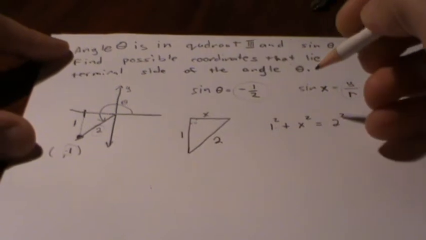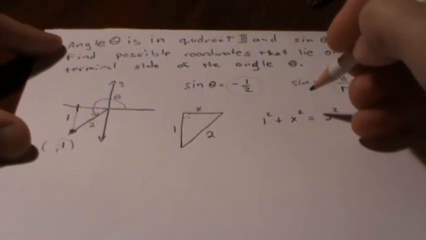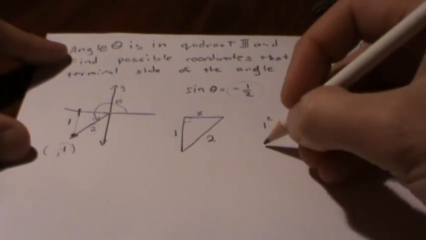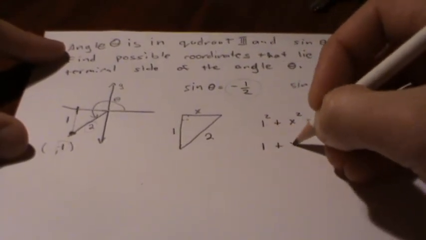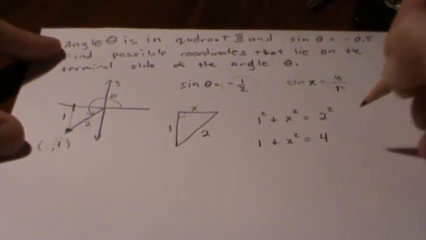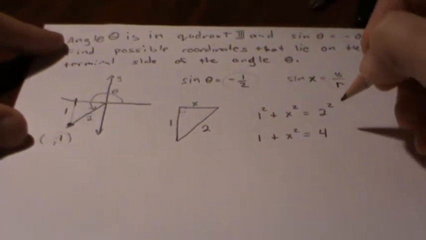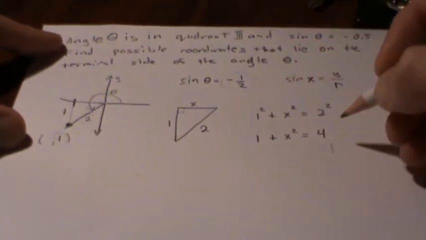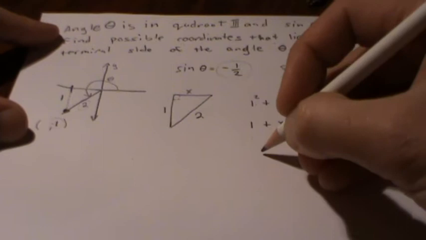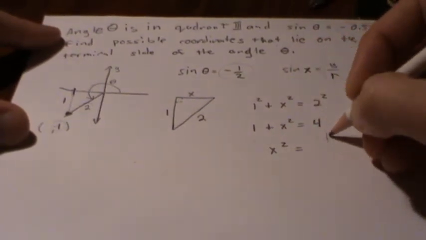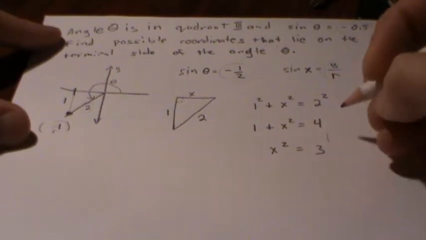And now I can simply solve for x. Solving for x is going to be 1 plus x squared equals 4. I just took care of the squares on the numbers. Now if I subtract 1 from this side and subtract 1 from this side, I'm going to get x squared is equal to 4 minus 1, or 3.